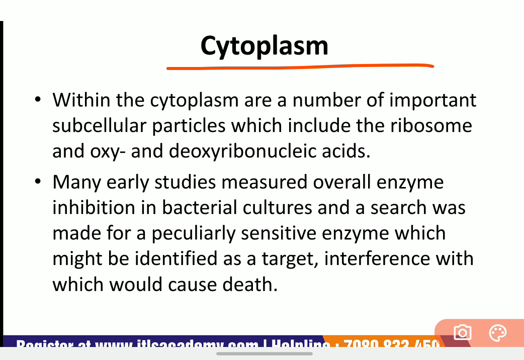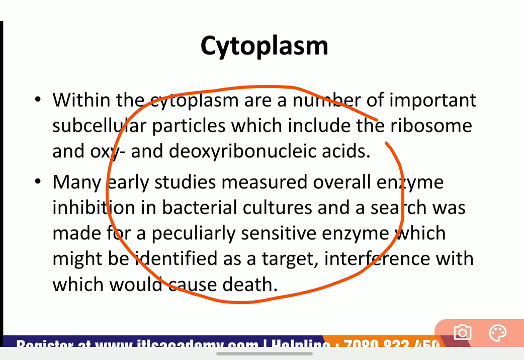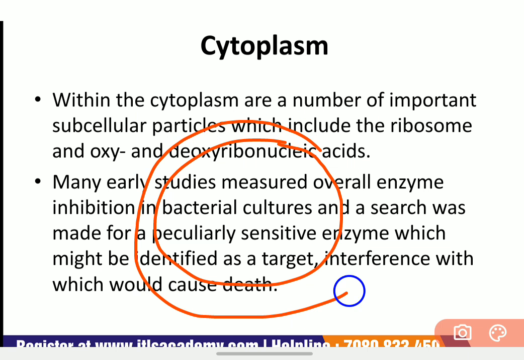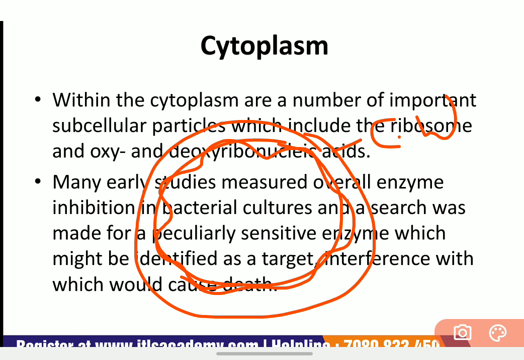Next is cytoplasm. Cytoplasm is the content that is present in the bacterial cell. Cytoplasm remains covered by the cell wall, and it is also covered by the cellular membrane, or we can say the cytoplasmic membrane.